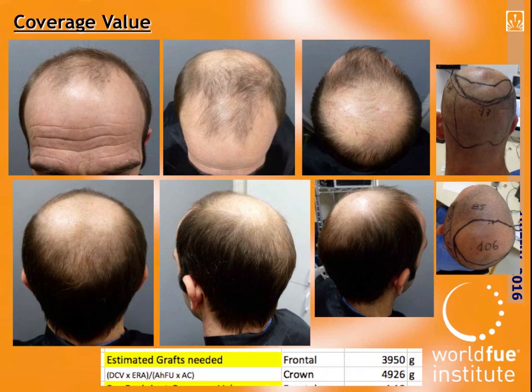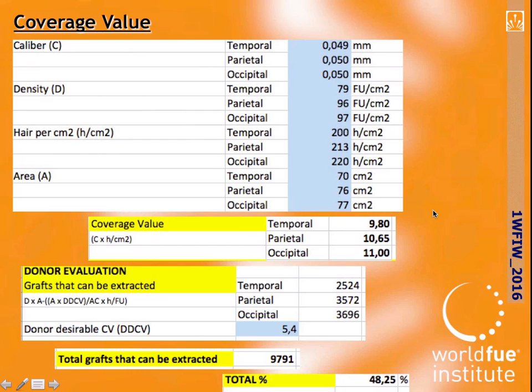Our second patient is again a Norwood 6, 44 years old and on finasteride, with a 200 square centimeter area in the recipient. After evaluating his donor characteristics, our coverage value Excel table estimated that he will need 9,000 grafts. Donor coverage value was 9, 10, and 11 in temporal, parietal, and occipital, a bit better than the previous patient, the reason why the estimated grafts that can be extracted from his donor is over 9,700, 48% of his donor.